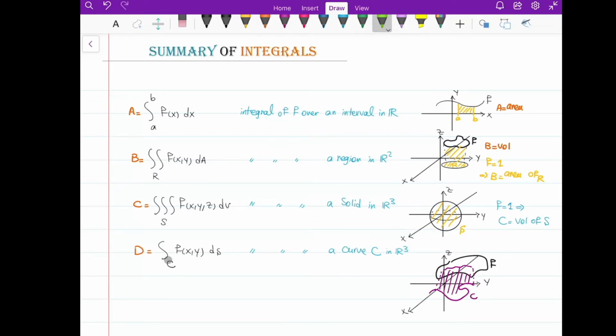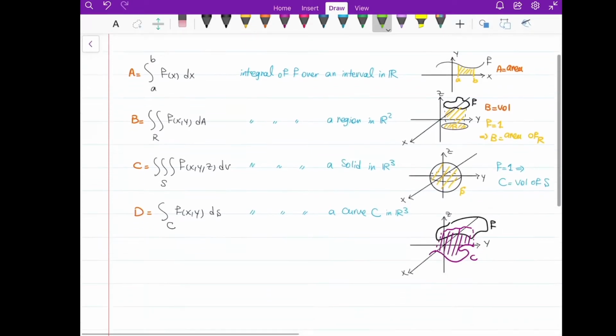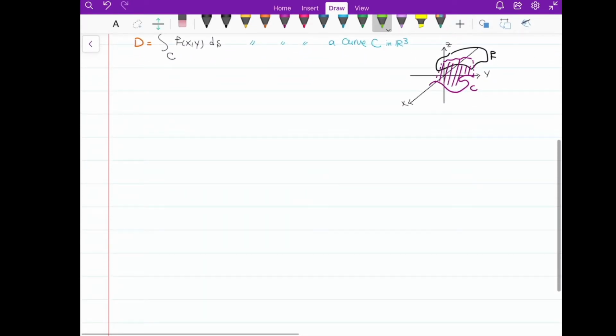There are different kinds of line integrals. The first one, f ds over C, is just the integral with respect to the arc length.